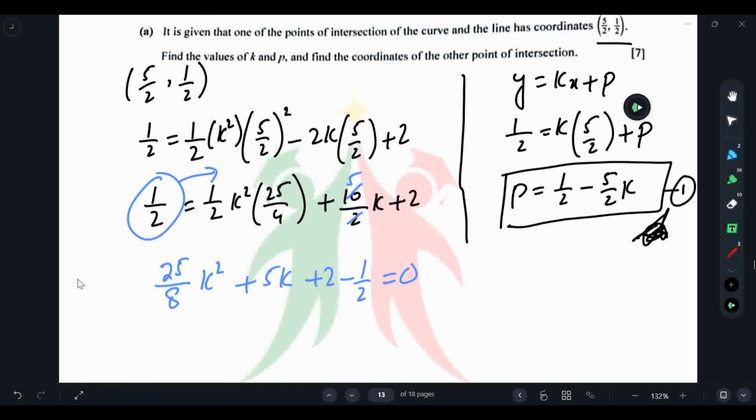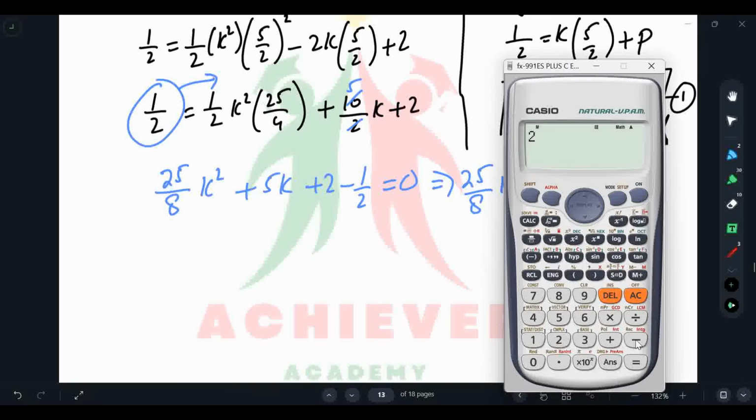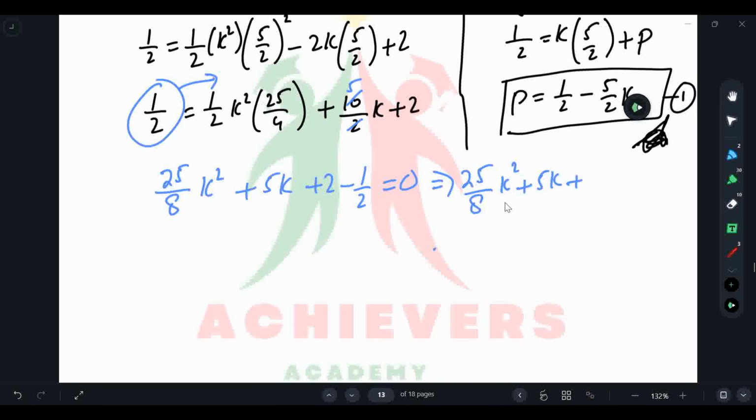Now from here we can write this as 25 by 8 k square plus 5k plus, 2 minus 1 by 2 will be 3 by 2. So plus 3 by 2 is equals to 0.